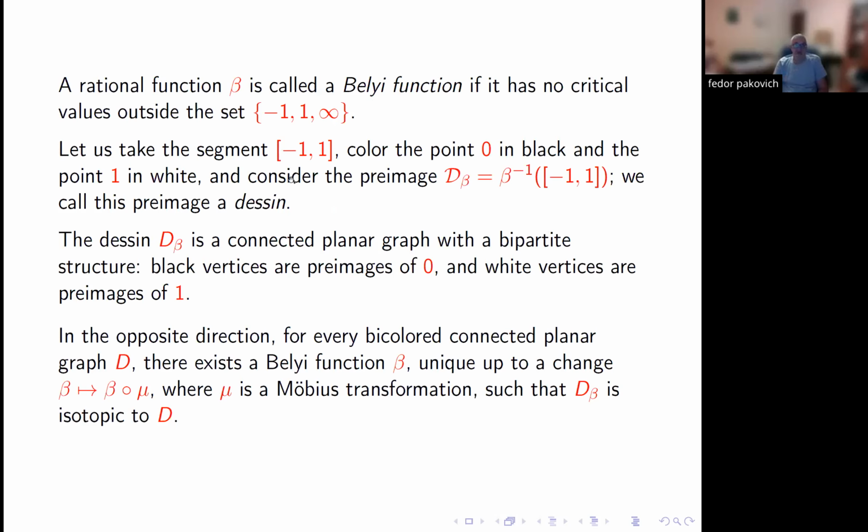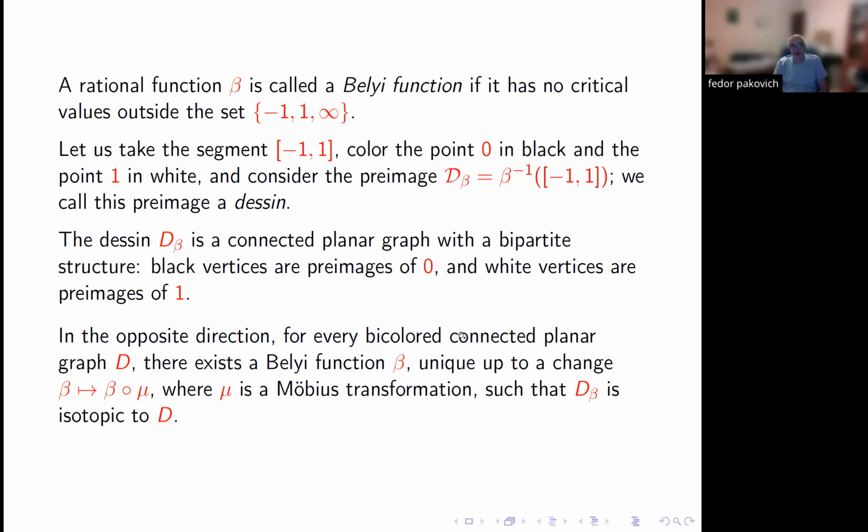So if you take the segment from -1 to 1, color the point -1 in black and the point 1 in white, and consider this preimage, we obtain what is called a dessin d'enfant, or simply dessin. It is by definition a connected planar graph with a bipartite structure. Black vertices are preimages of -1 and white vertices are preimages of 1.